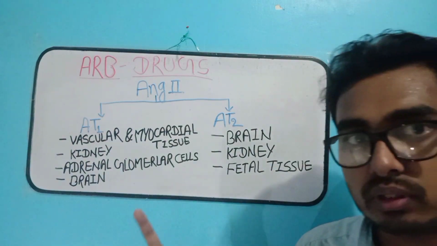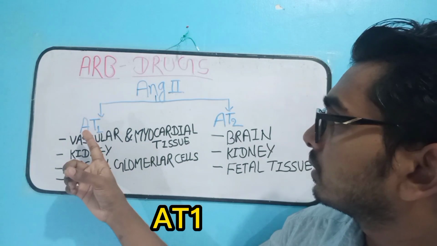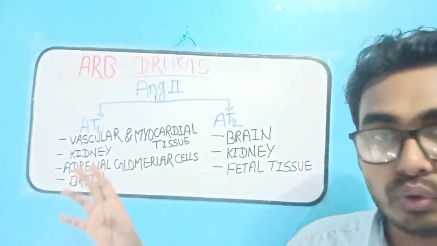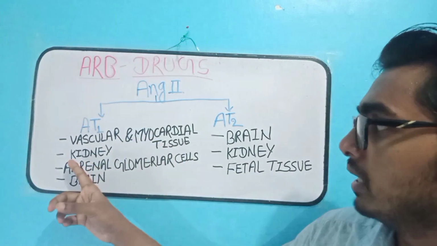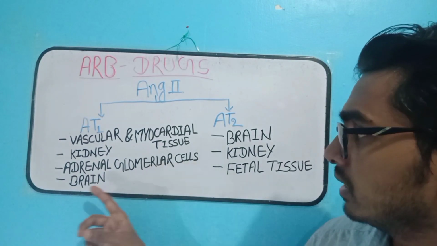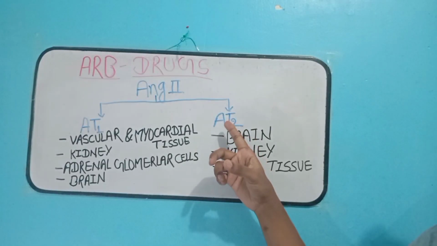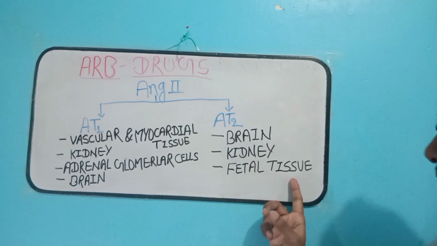If we talk about the location of AT1, it is located in the vascular and myocardial tissue, the kidney, the adrenal glomerular cells and the brain. In the case of AT2, it is present in the brain, kidney and fetal tissue.